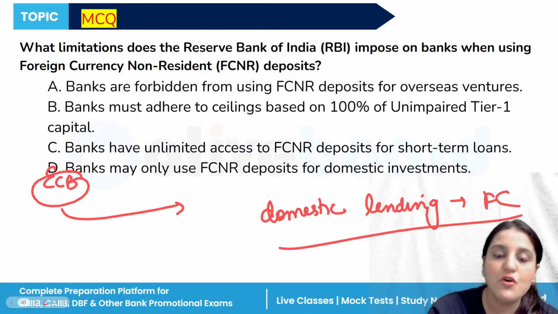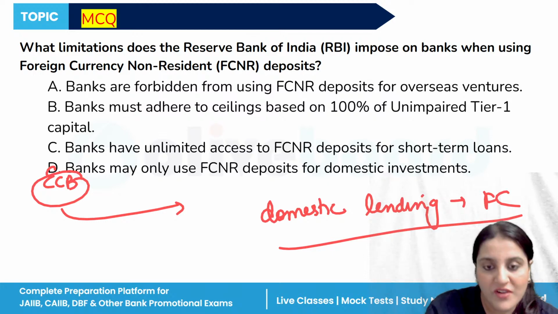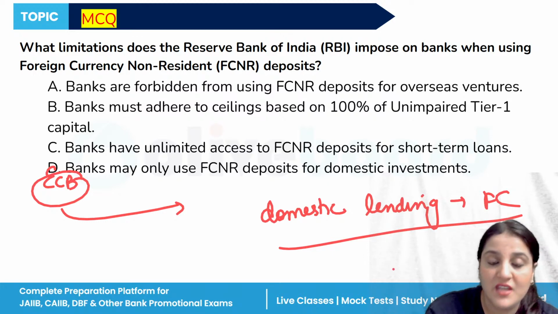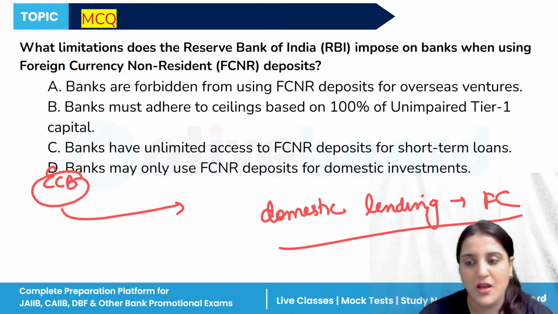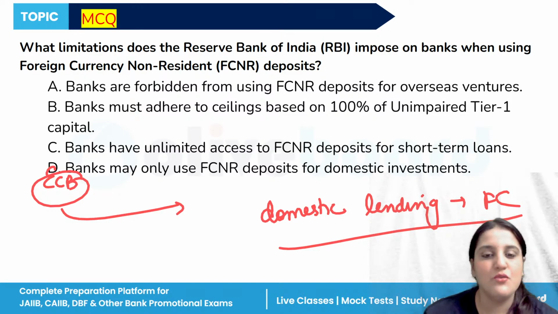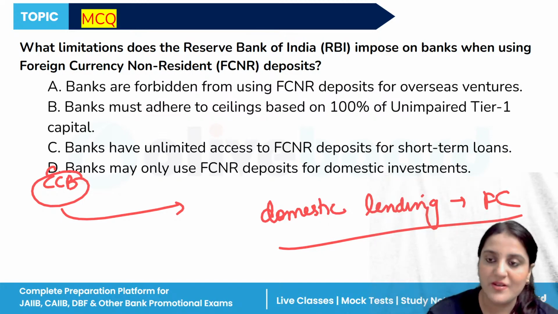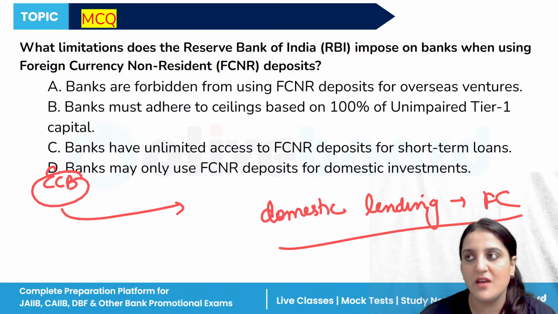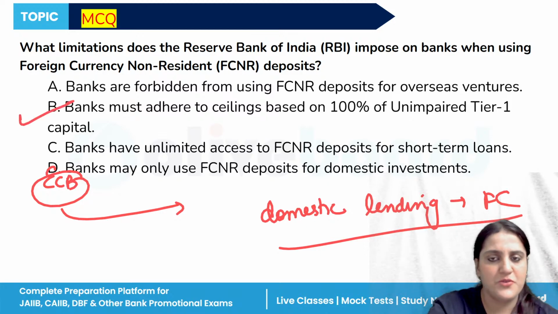They are also permitted to borrow and invest in overseas markets, but with a limit of 100% of unimpaired Tier 1 capital, minimum US dollar 10 million, subject to the guidelines issued by the RBI. Banks generally use this facility to extend short term loans, which usually have a 6-month rollover. So here option B is correct.